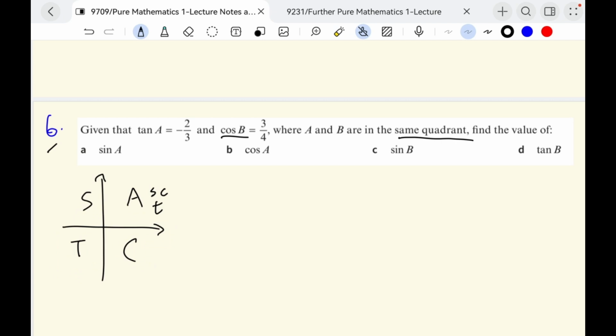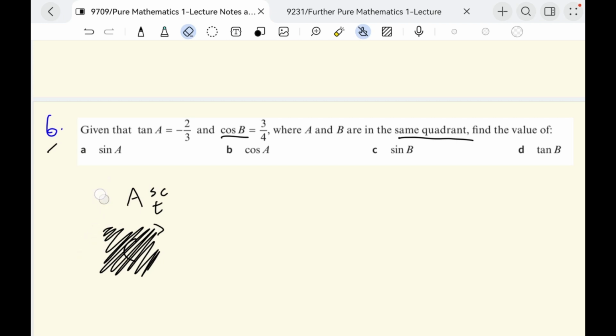So only quadrant 4 matches for both angles. Which means angles A and B are both in the same quadrant, which is quadrant 4. Okay. So try to draw a triangle out.